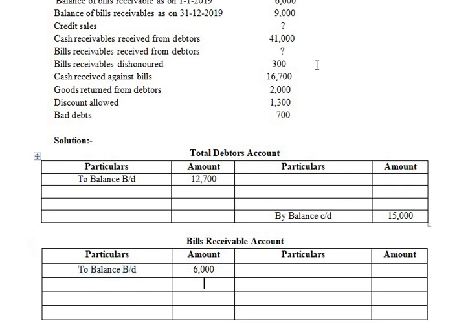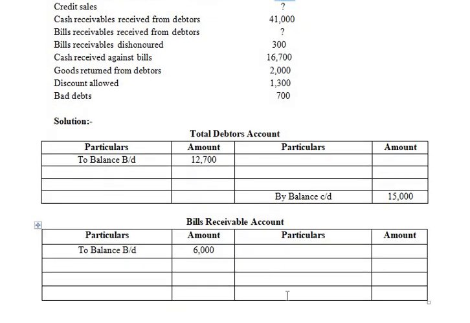Next. Balance of bills receivable as on 31st December 2019 is 9,000. So this is nothing but the closing amount of bills receivable. So where will you take it? It should be to the credit side.